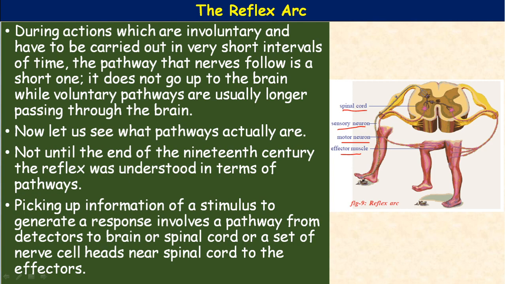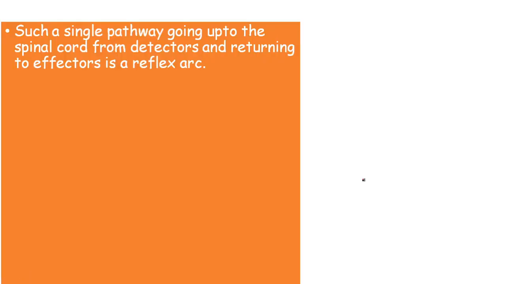This is called a reflex action. The structural and functional unit of a reflex action is called a reflex arc. What is a reflex arc? The structural and functional unit which carries out the reflex action is called a reflex arc.